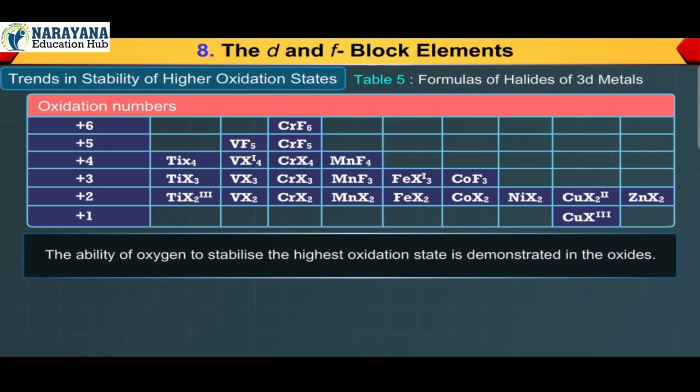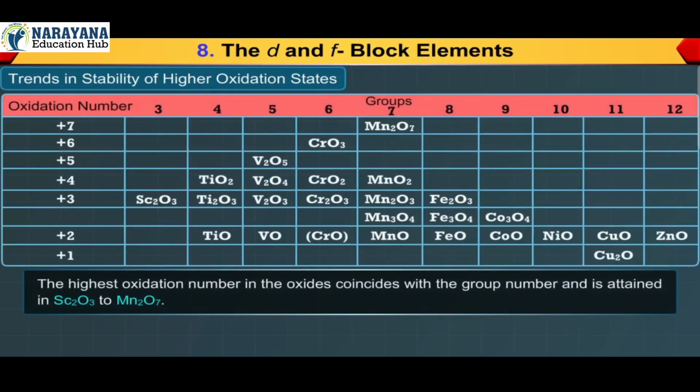The ability of oxygen to stabilize the highest oxidation state is demonstrated in the oxides. The highest oxidation number in the oxides coincides with the group number and is attained in Sc2O3 to Mn2O7.